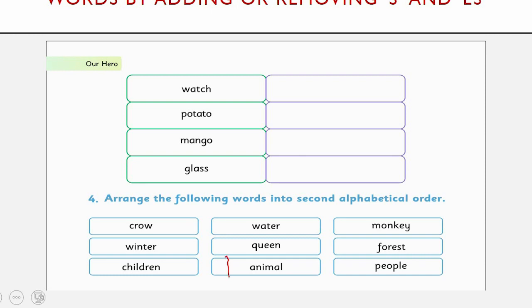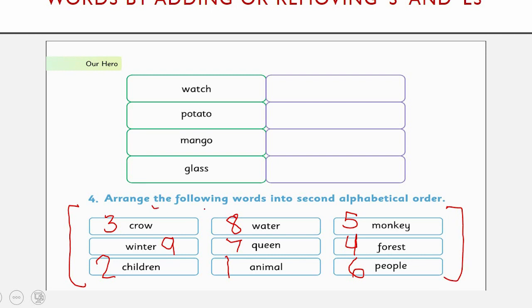The first one is animal, children, crow, forest, monkey, people, queen, water, and winter. You can arrange them in numbers like this in the book. I repeat, there are 9 words.